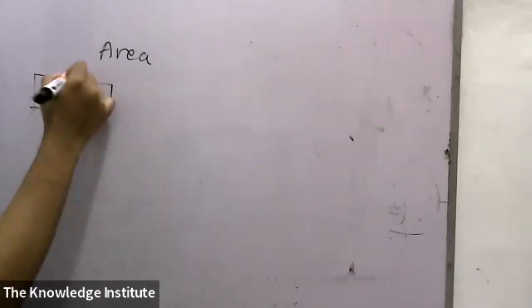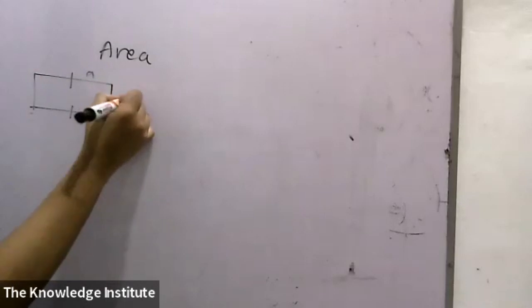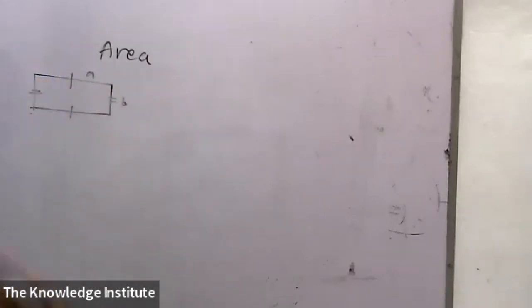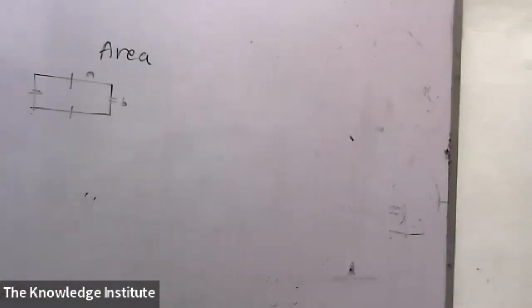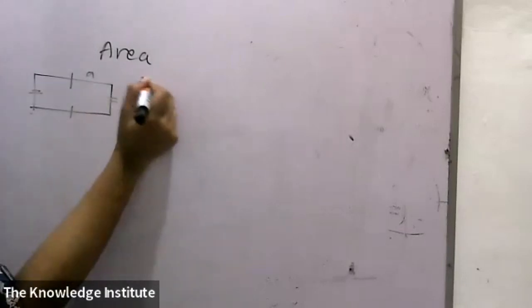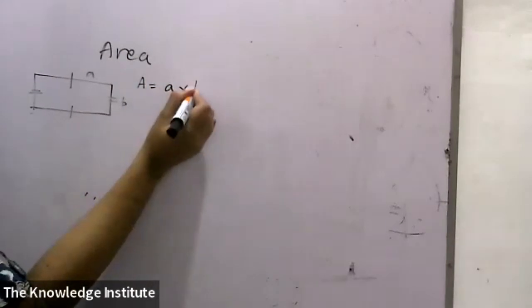Rectangle. So what you have to do is multiply the length and breadth. So area will be equal to length into breadth.